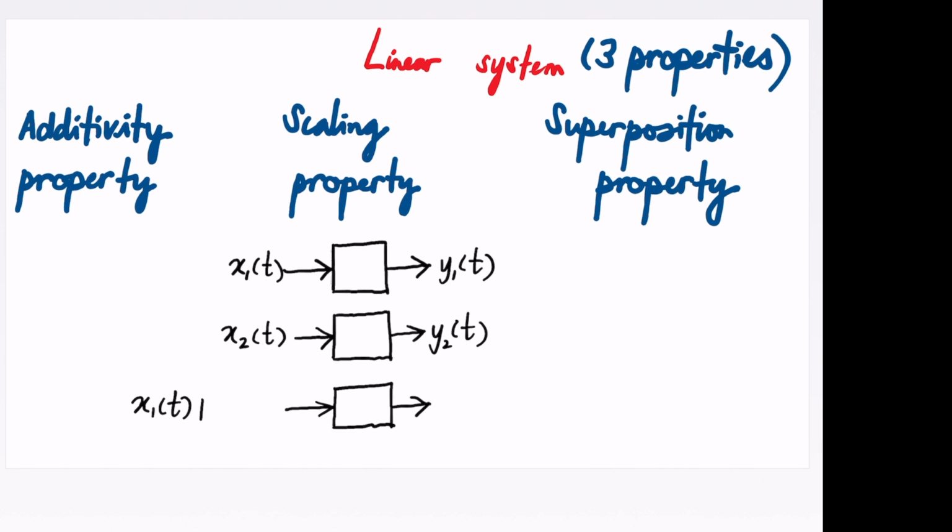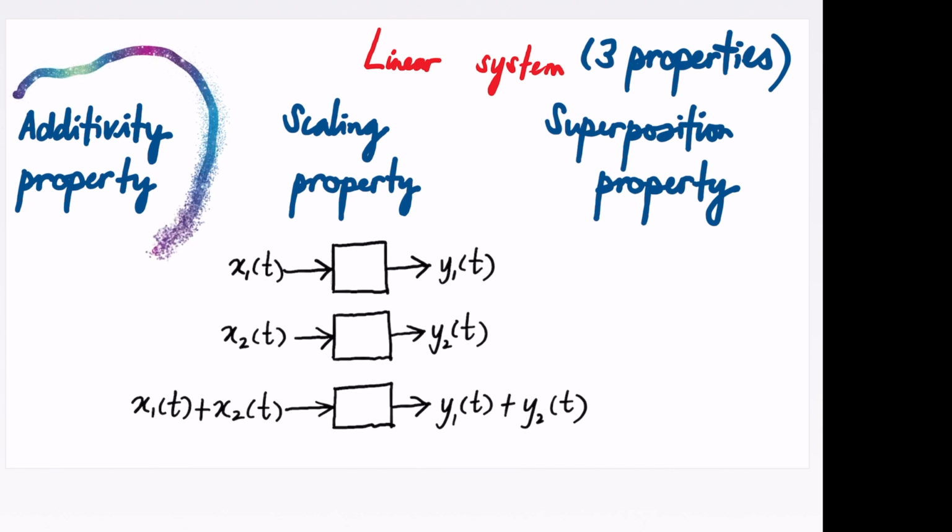Now if we add x1 and x2, x1 plus x2 as a signal, and this signal is the input to the same system, and if the system produces the addition of y1 and y2, which is y1 plus y2, then we can say the additivity property is valid for the system.